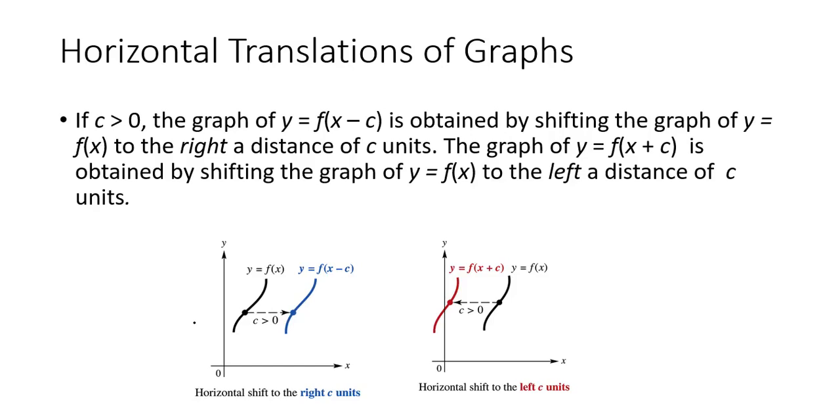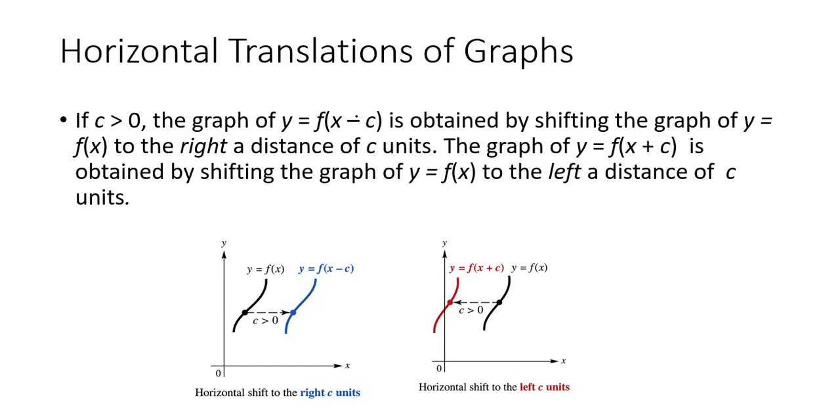Horizontal translation of graphs. If c is greater than 0, the graph of y is equal to f of x minus c is obtained by shifting the graph y is equal to f of x to the right.